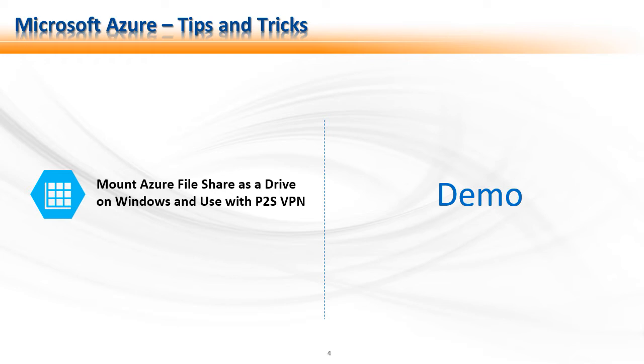Once that is done, we are going to create a virtual network gateway using that particular gateway subnet. After that, we are going to create a file share, which will be a storage account, and then we will create a file share and try to map that file share as a network drive on our local systems. Let's get started.